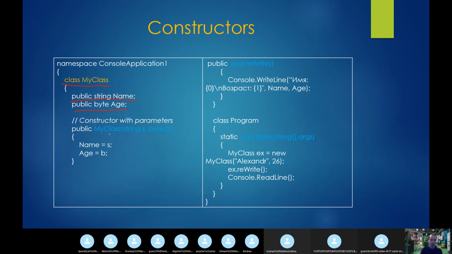And here you have the constructor that has the same name as my class, and inside it you see a number of arguments. These arguments are the string argument S and byte argument B. Then you use these values S and B to initialize the fields name and age. So here you have the initialization.